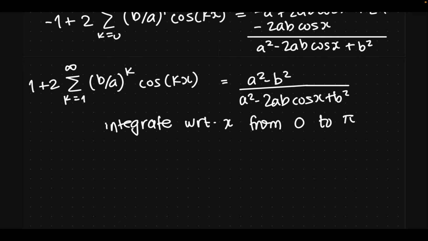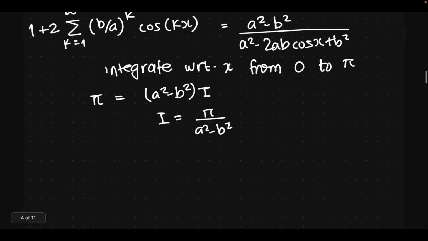Again, I'm going to skip that, it's easy. So you get a pi, and then you get an a squared minus b squared, because those are just constants in the numerator, you can pull them out, and the rest of it, 1 over this denominator, is just the integral that we had. So that's I. Then I is pi in the numerator over a squared minus b squared in the denominator.